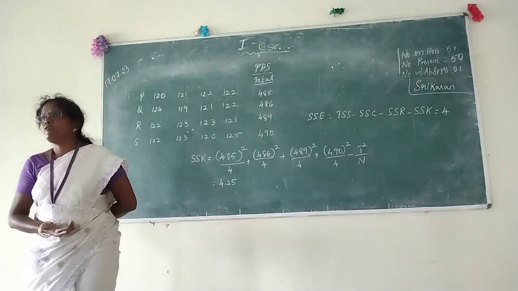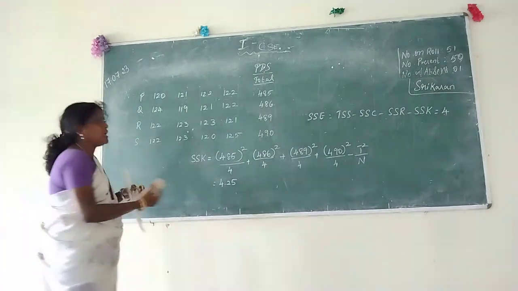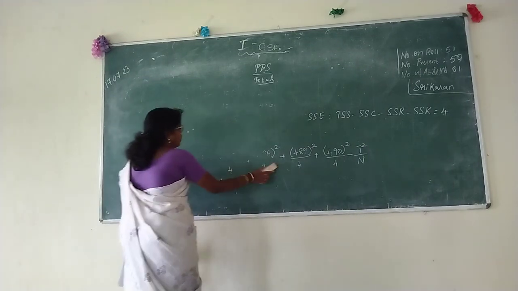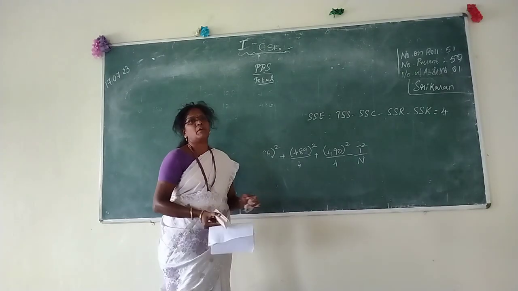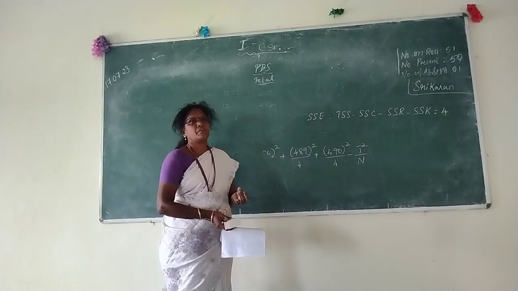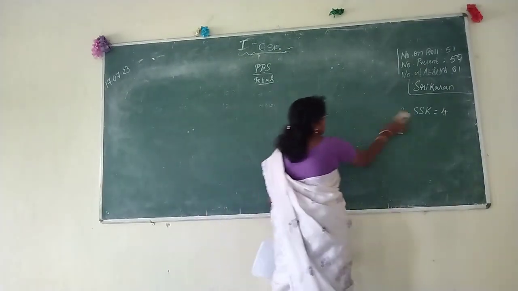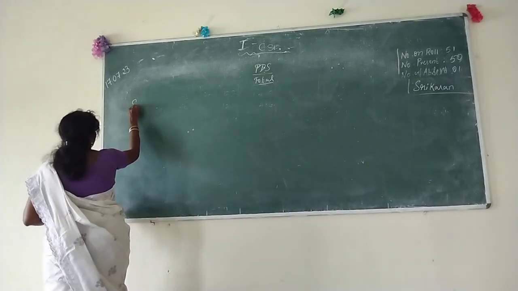Next, you have to form your ANOVA table. Put the header for the ANOVA table. Boys, it will be better if you stop all your talking, ma. Form your ANOVA table, everyone. What is the first column? Source of variation.